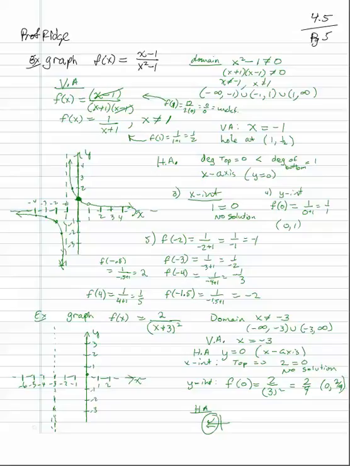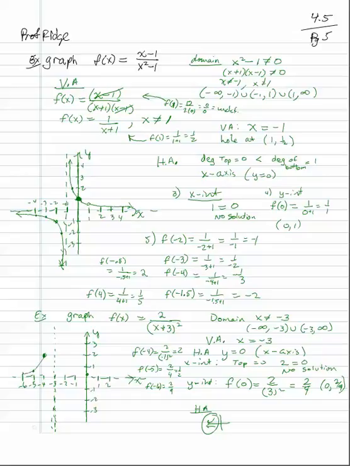If we do f of negative 4, we get 2 over negative 4 plus 3, which is negative 1 squared, so we get 2. If we put f of negative 5, we get 2 over negative 5 plus 3, which is negative 2 squared, which is 4, so we get 1/2. If we do negative 6, we get 2 over negative 6 plus 3, which is negative 3, negative 3 squared is 9, so 2/9.